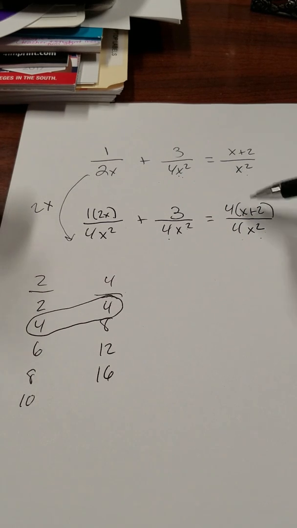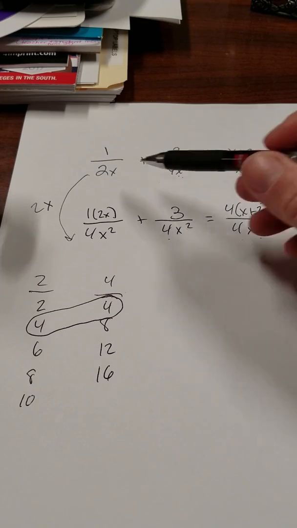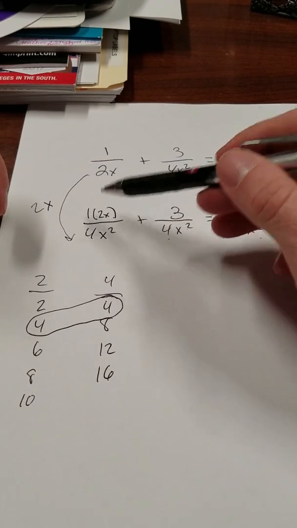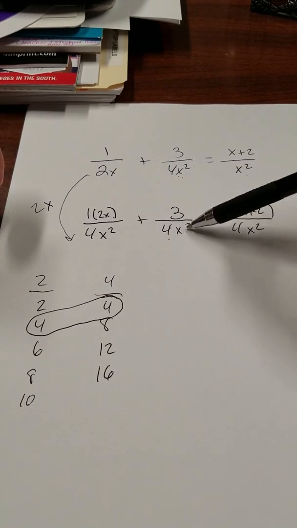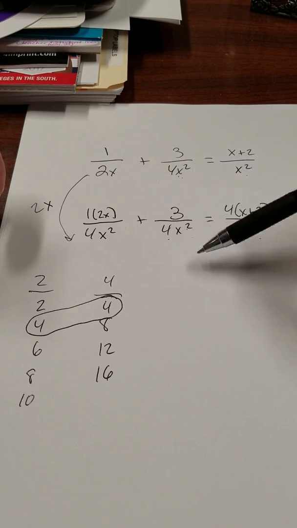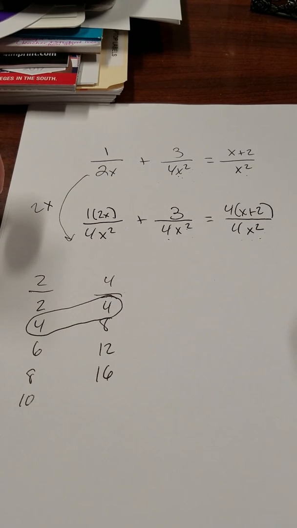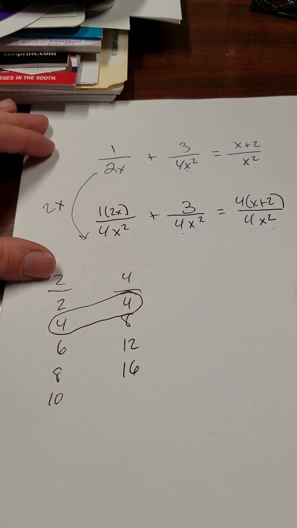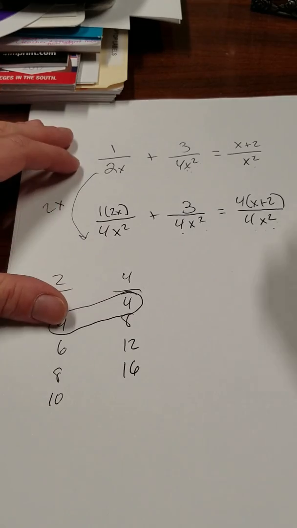So whatever it takes to get us to a common denominator is what I have to multiply the top by. So this one was missing a 2x, so I multiply the top by a 2x. This denominator already had everything there, so I didn't change anything, so the top stays the same. Here, I needed a 4 on the bottom, so I have to multiply the top by 4 as well. Once I do that, I have a common denominator.